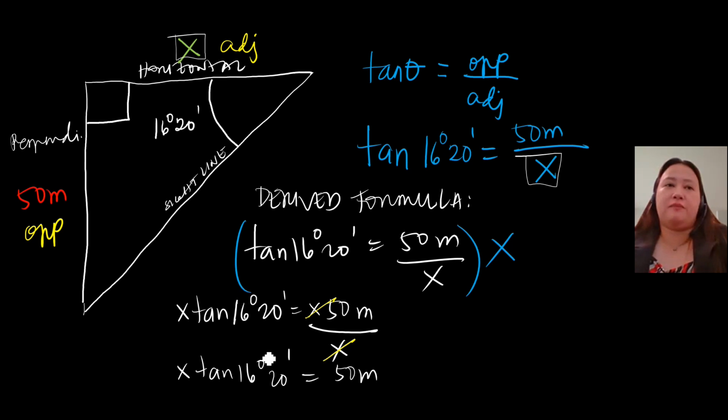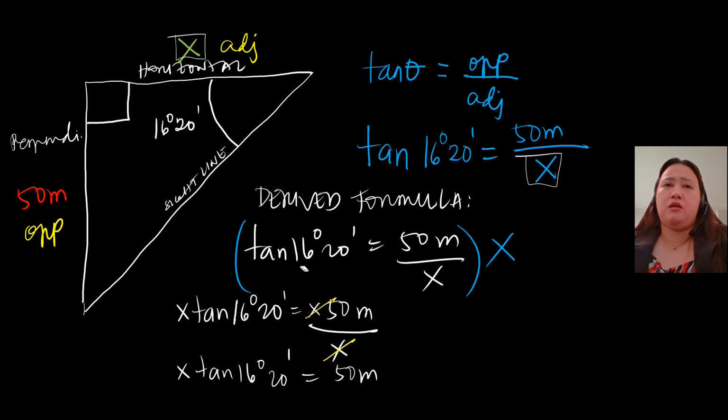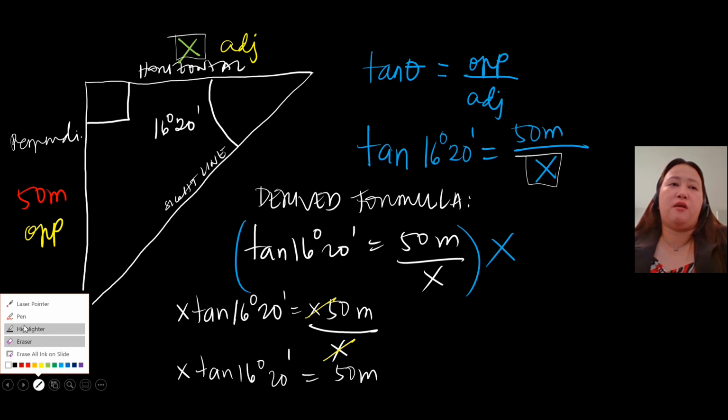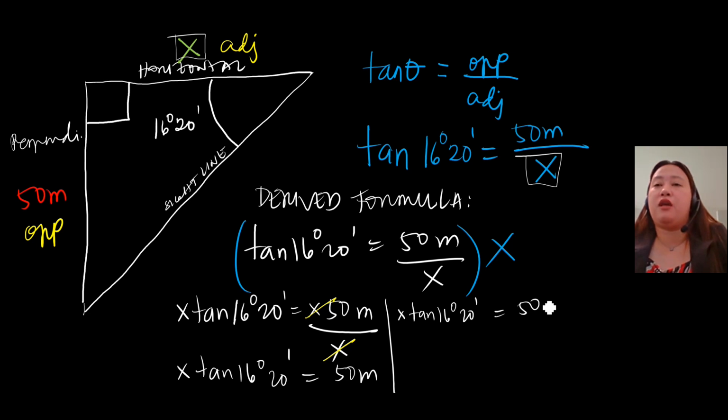After this, I'll erase the upper portion and write on this side. You divide both sides by tangent. So we have here x tangent 16 degrees, 20 minutes equals 50 meters.